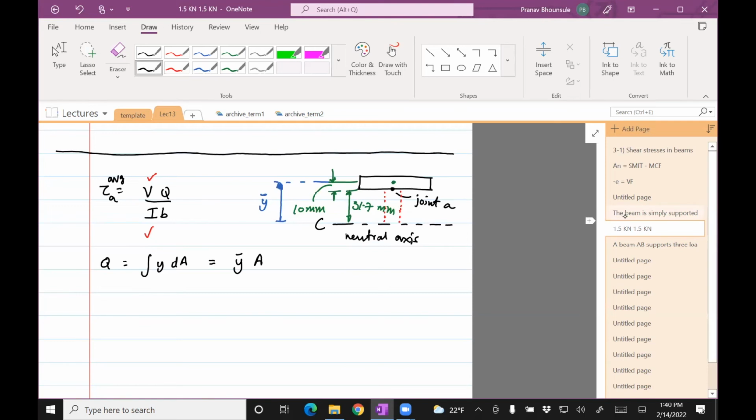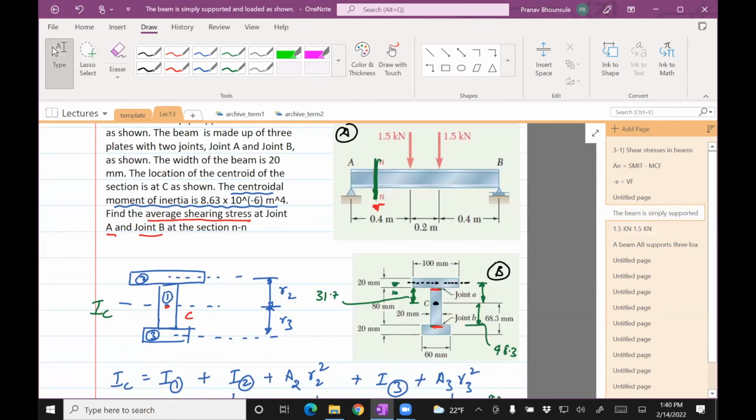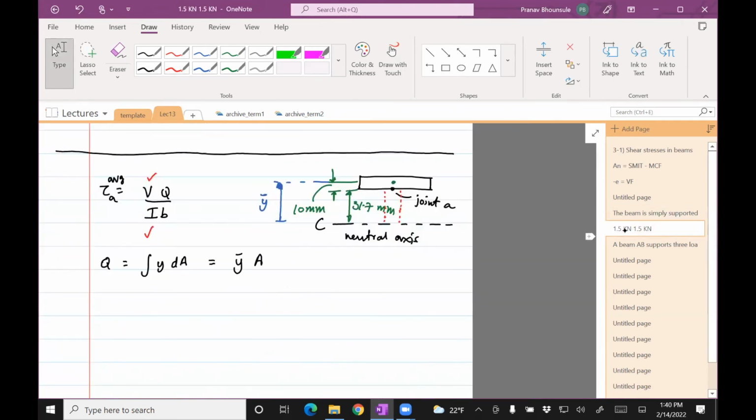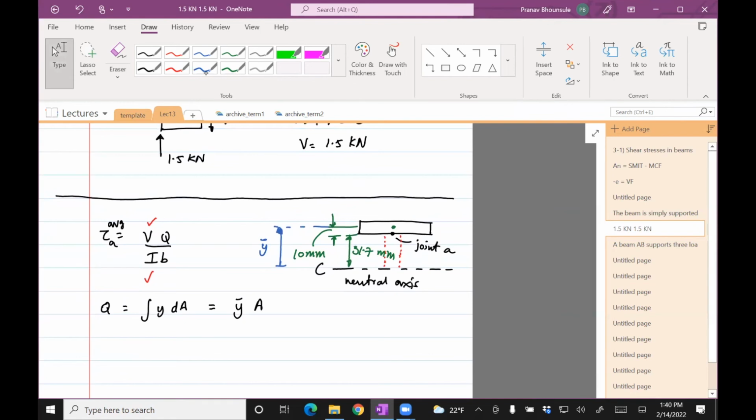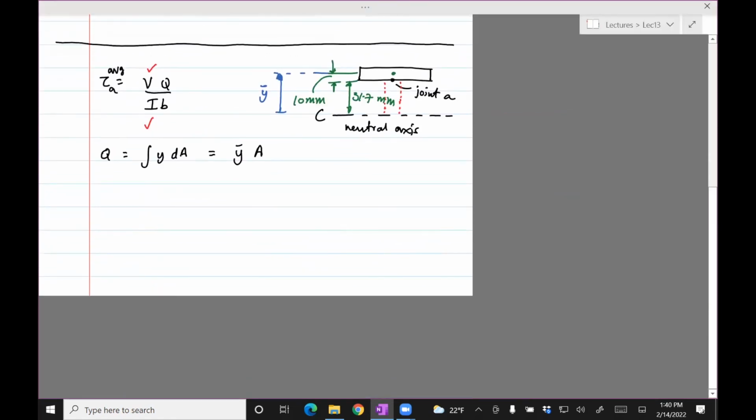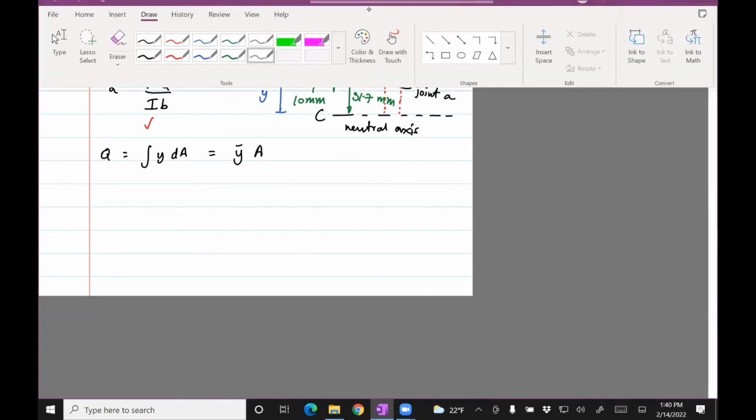And then I need the dimension. So 100 is the length and 20 is the height. 100 is 20.